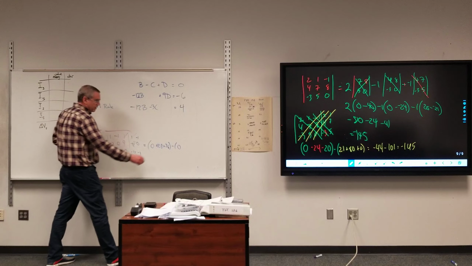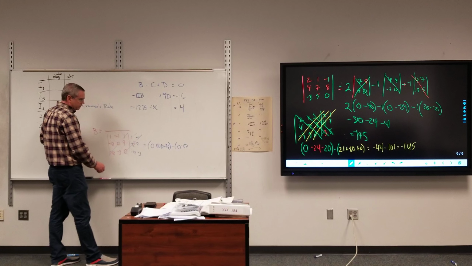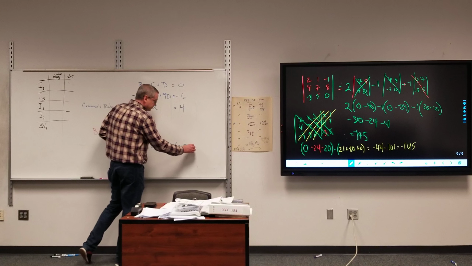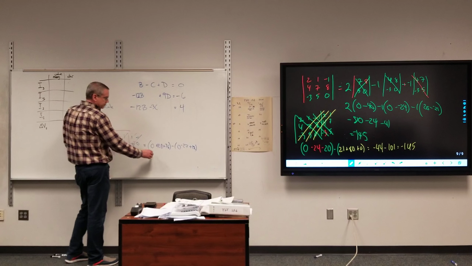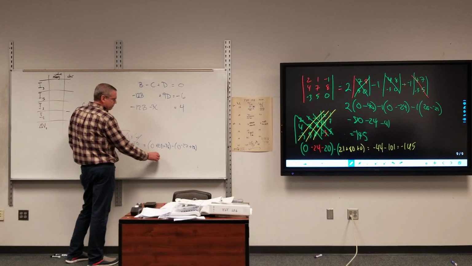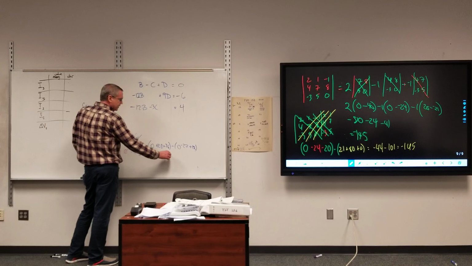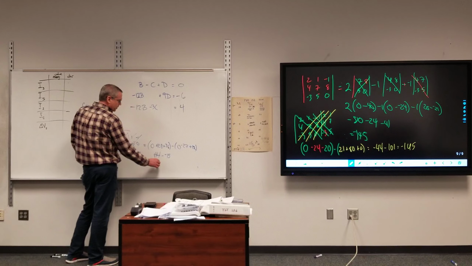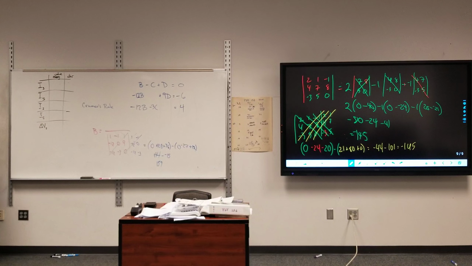That diagonal, negative 27. And that diagonal, which is 12. So I get 144 minus negative 15, so 159. Unless I've made a careless error, which at some point I probably will.